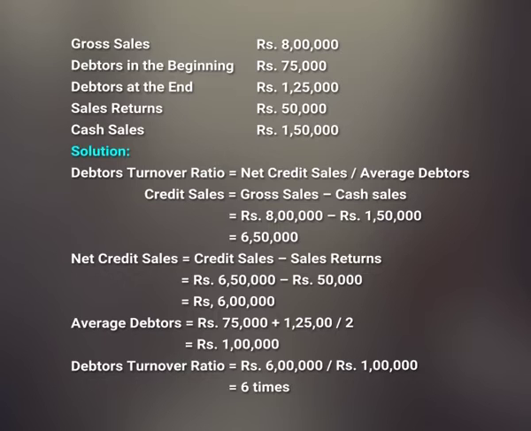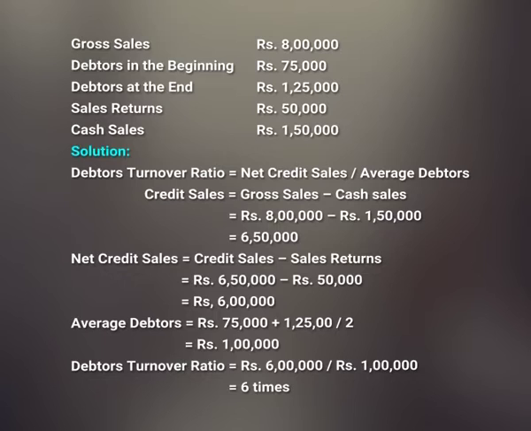Debtors turnover ratio is equal to net credit sales divided by average debtors. Now, credit sales is equal to gross sales minus cash sales, which is equal to rupees 8 lakhs minus 1,50,000. Thus, we have 6,50,000. So, net credit sales is equal to credit sales minus sales returns.